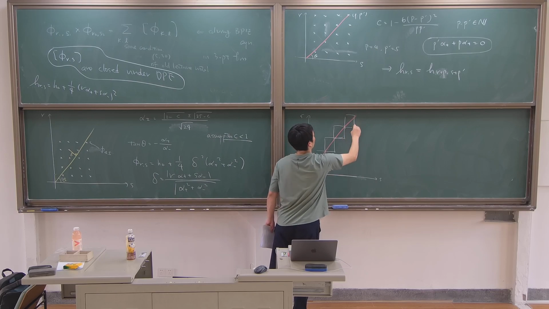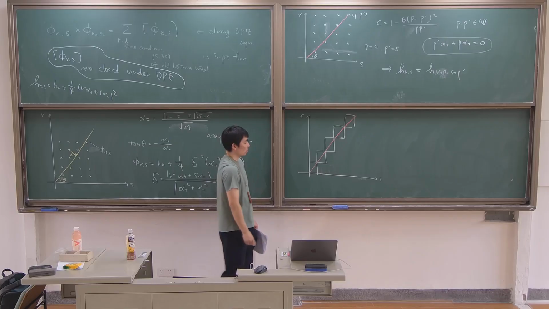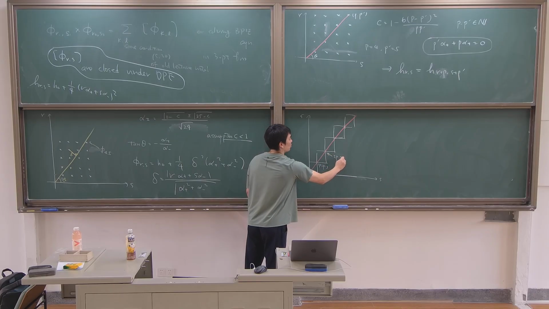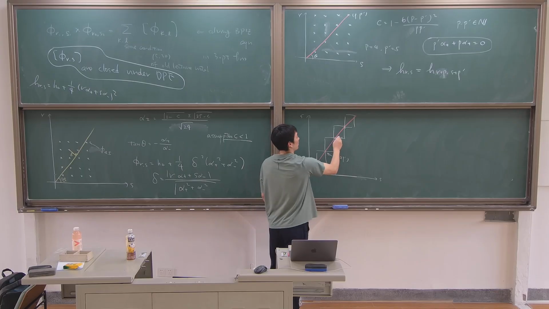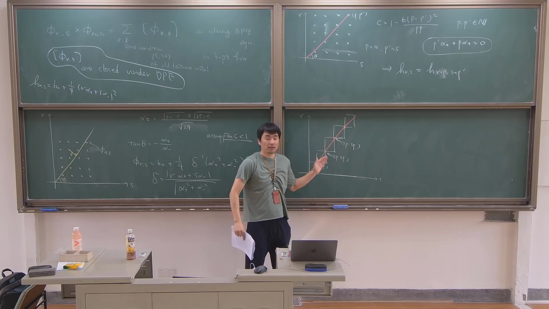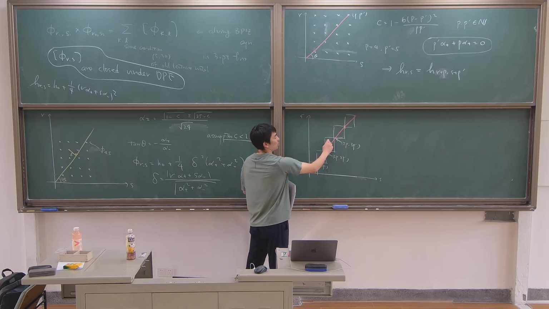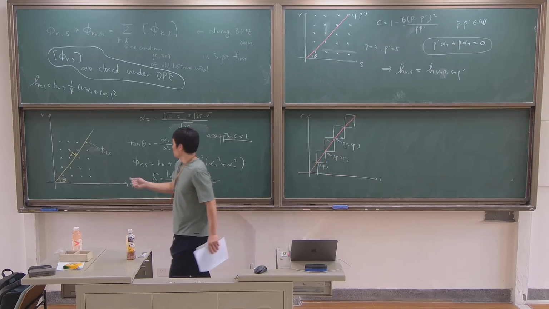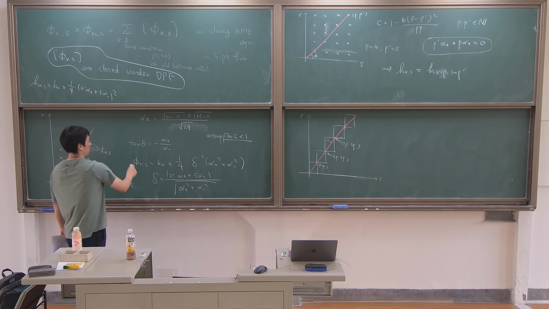This point is (P, P prime), this point is 2P and 2P prime, and this point is 3P and 3P prime, and so on. It just repeats the whole pattern, because the conformal weight is given by the distance at the lattice point.